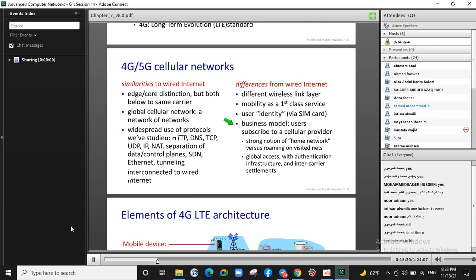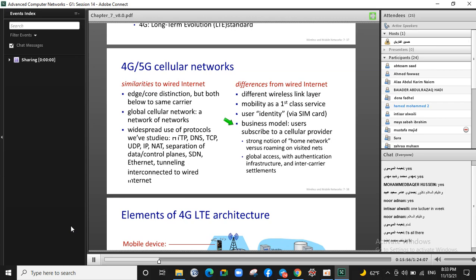But in a cellular network, I can move across the country. For example, I can move from Iraq to Tehran, to Mashhad, to Bandar Abbas, to Tabriz, or to Baghdad, and at the same time I can connect to the network.